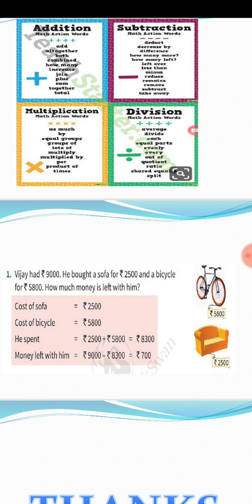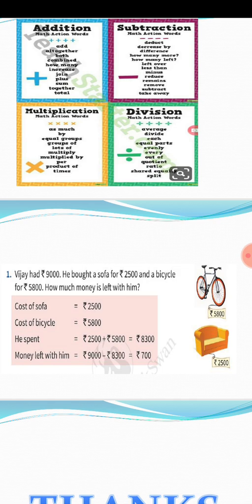He has spent 5800 plus 2500, that is the sum. Now from the total money he had, 9000, from that total money we will subtract their sum and we will get the answer, how much money is left with him.